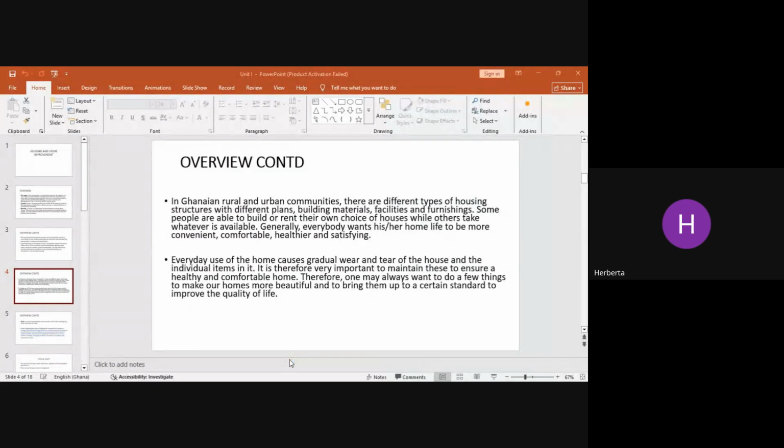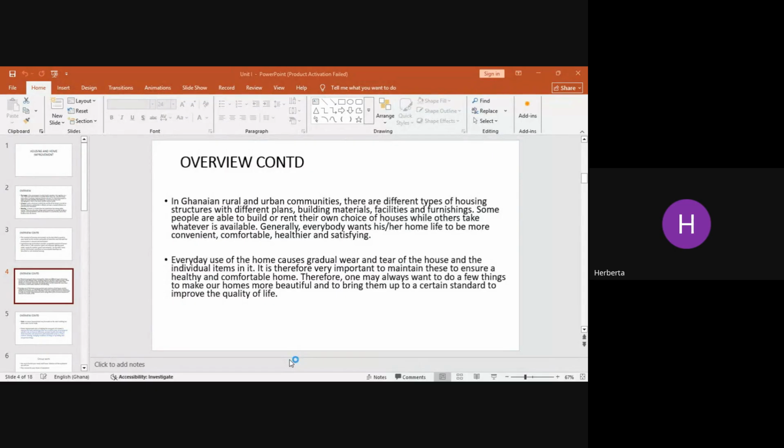So these items that you bring into the house, with time, will not be functioning as they did when you first brought them in. So there is a need for you to maintain them to improve your quality of life.